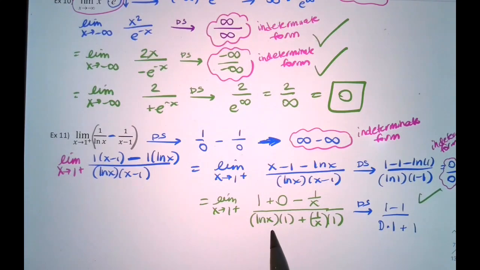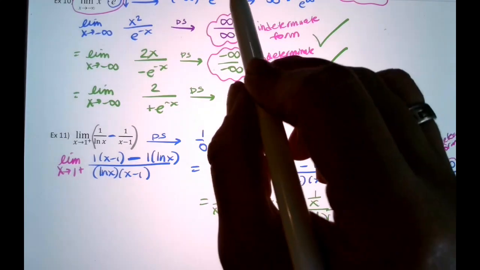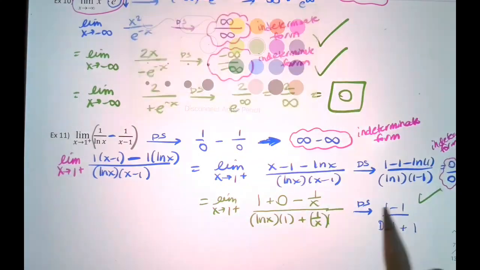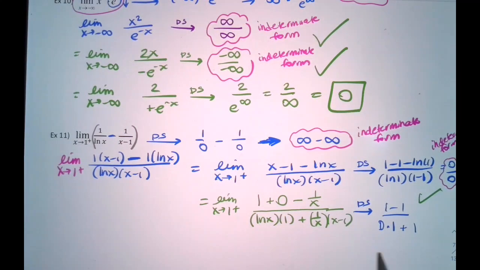You guys probably caught me. This should be an x minus 1. So when I do my direct substitution, natural log of 1 is 0, and there's my 1. Here, 1 over 1 is 1, and then 1 minus 1 is 0. So unfortunately, I still have 0 over 0, which is still indeterminate.